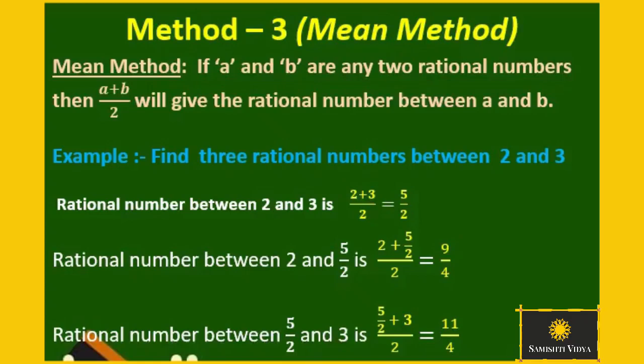Now, let us find the third rational number between 5 by 2 and 3. That is 5 by 2 plus 3 divided by 2, which is equal to 11 by 4. So, the three rational numbers between 2 and 3 are 5 by 2, 9 by 4 and 11 by 4.